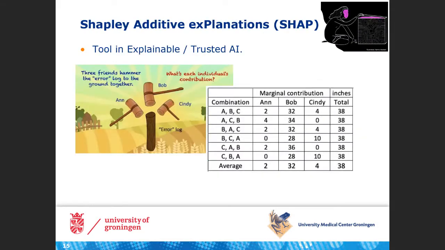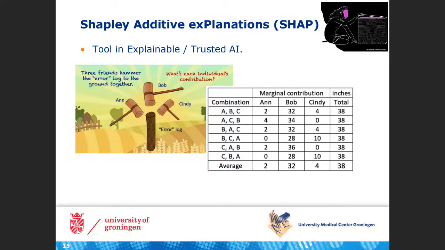So that is why we created a machine learning model that gives an advice, but we also implemented an explanatory model. And we did that using Shapley additive explanations, SHAP values. It's a tool to explain a machine learning model, and to really look into that black box. I will explain a bit how it works by an example.